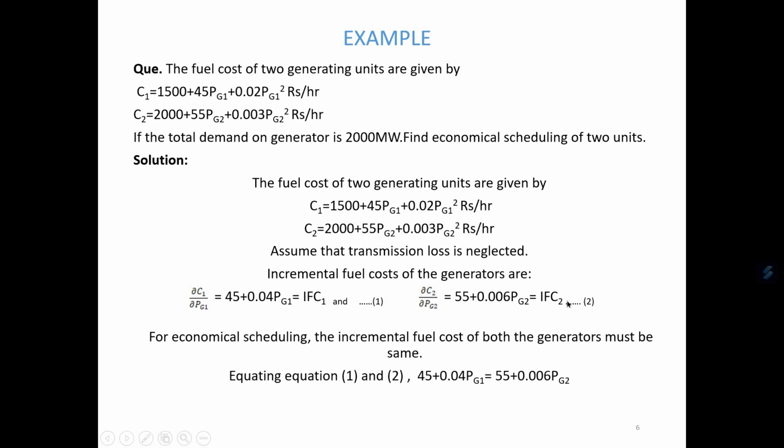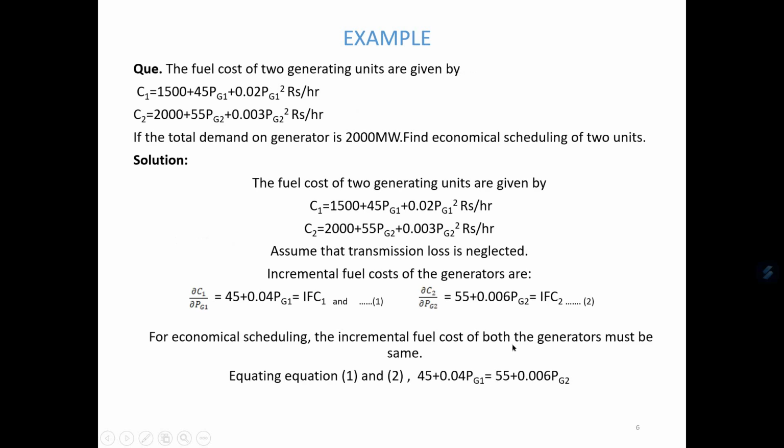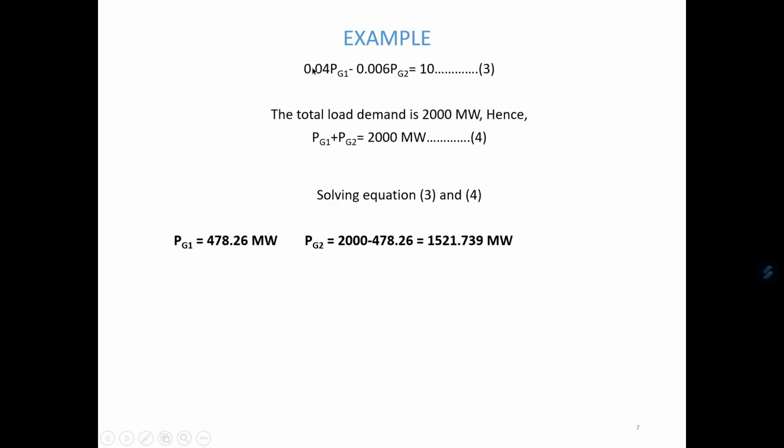That's why we'll equate equation number 1 and equation number 2, from which we get one equation: 45 + 0.04 Pg1 = 55 + 0.006 Pg2, which we can write as 0.04 Pg1 − 0.006 Pg2 = 10. So we have received one equation from the condition for economical load dispatch neglecting the losses.